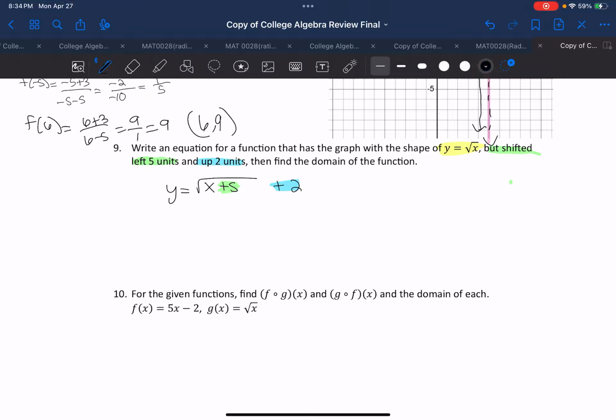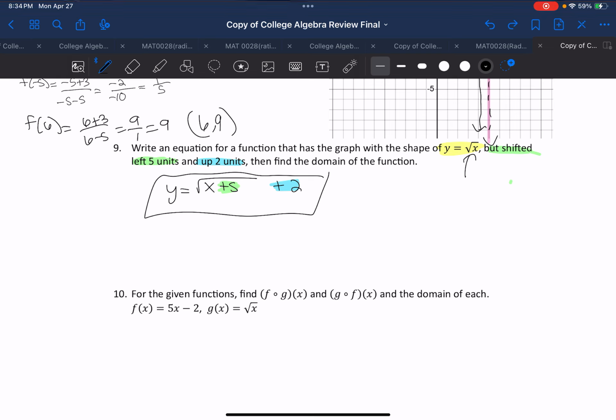So this would be the equation of the graph that has the shape of the square root of x. So I want to keep the square root of x in my equation here, but shifted to the left 5 units. So that's adding 5. And then up 2 units is adding 2 to the outside of the function.